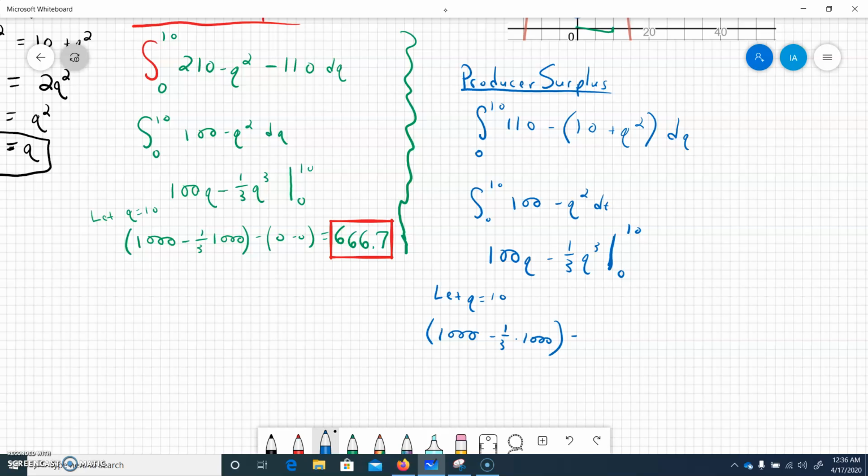That is weird. So let's see here. So then we also have let q equal 0, so we get 0 minus 0. So if we clean this up, it looks exactly like what we had. So it looks like the producer surplus is also 666.7.